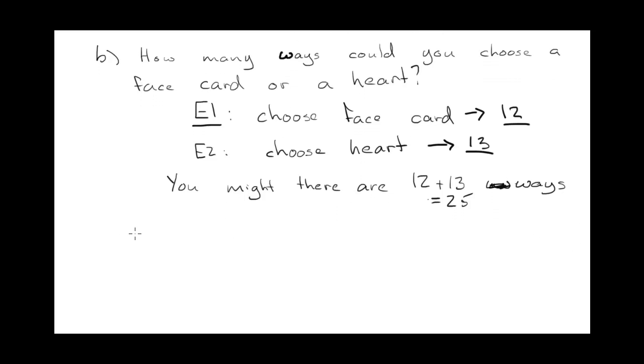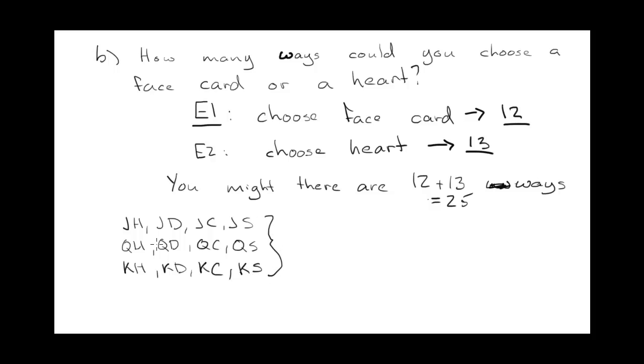Well, let's list them all. Okay, so we have a jack of hearts, jack of diamonds, jack of clubs, and jack of spades. We have a queen of hearts, a queen of diamonds, queen of clubs, and a queen of spades. We have a king of hearts, a king of diamonds, a king of clubs, and a king of spades. There are how many here? 12.